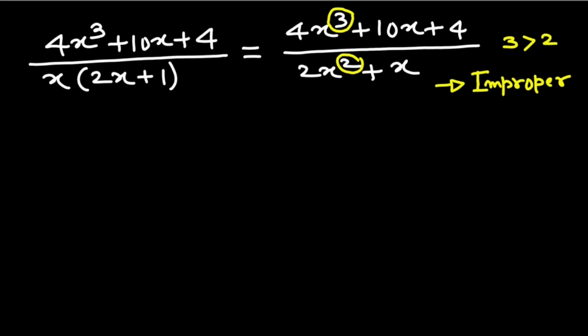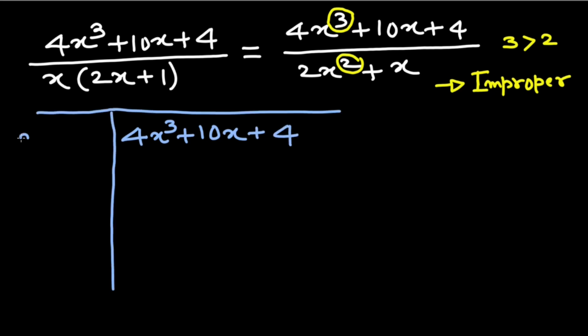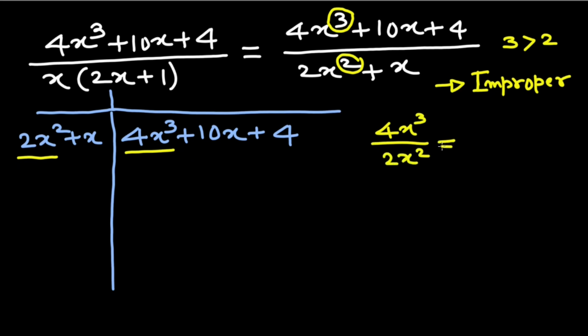So, we will divide 4x cube plus 10x plus 4 by 2x square plus x. First, we will divide this 4x cube by 2x square. 4x cube by 2x square gives us 2x.